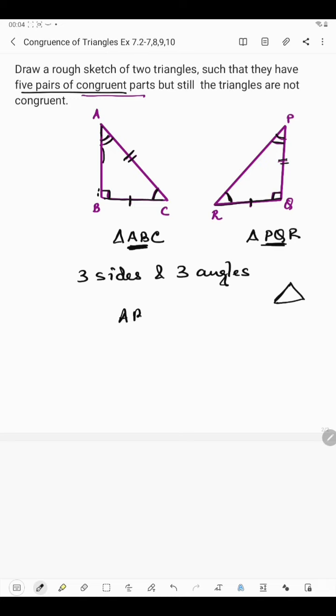Since one pair of side is not equal, we cannot say that triangles are congruent. So what we have observed is that two triangles are congruent if there are 6 pairs of congruent parts. Since one pair is not congruent, these triangles are not congruent. Okay, so this was all about question number 8.